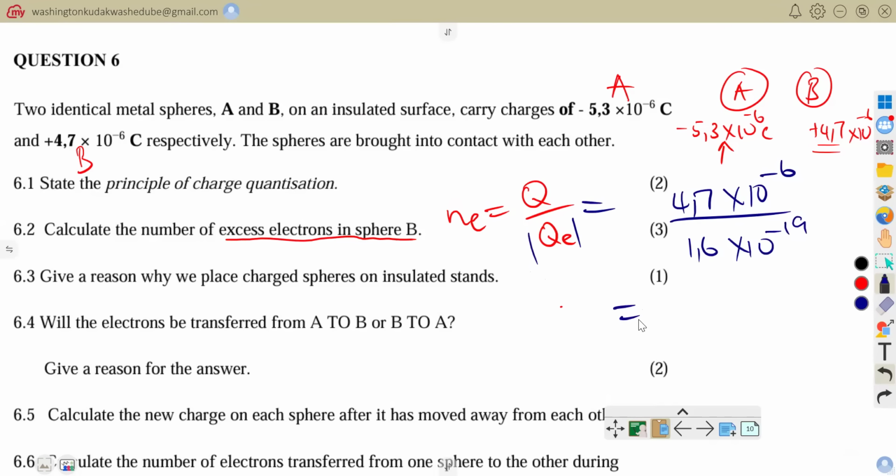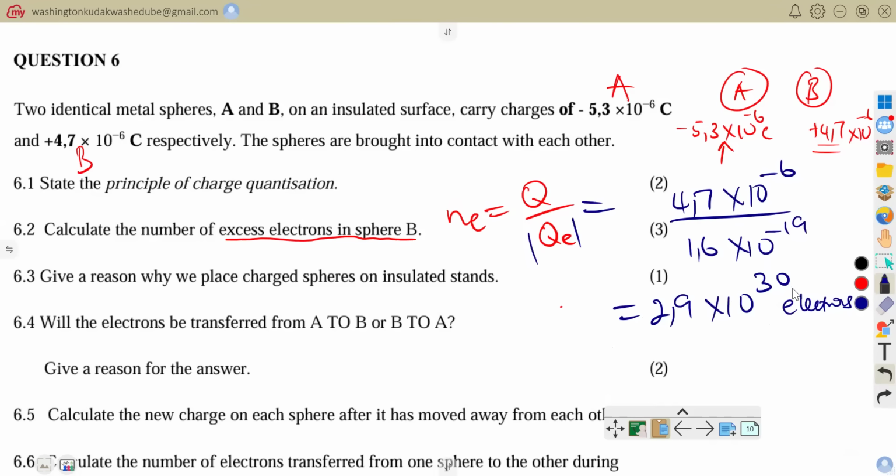That gives you the number of electrons there. The number of electrons that I'm getting here is too much. I've got 2.9 times 10 to the power 30 electrons. That is the number that I'm getting if I divide this by that.